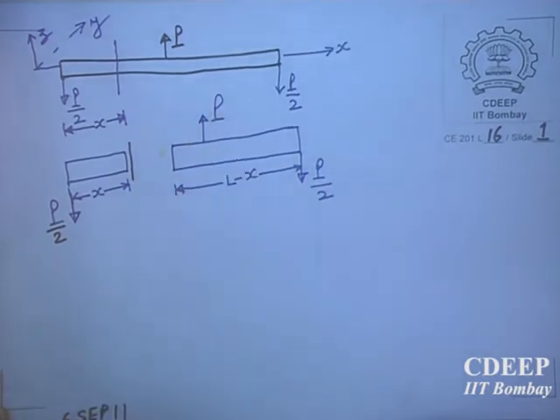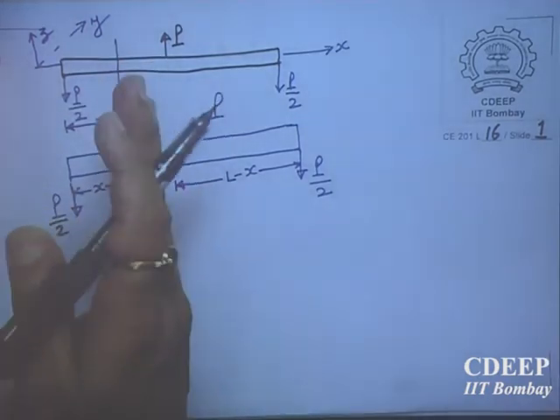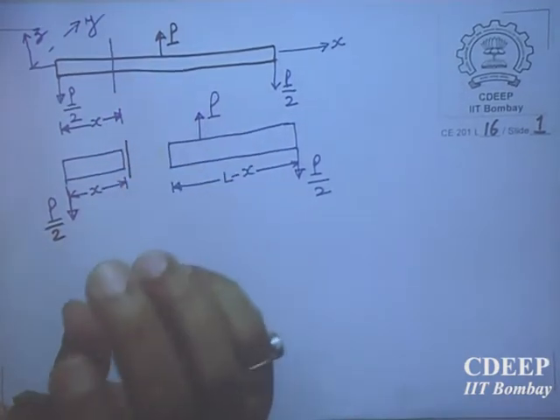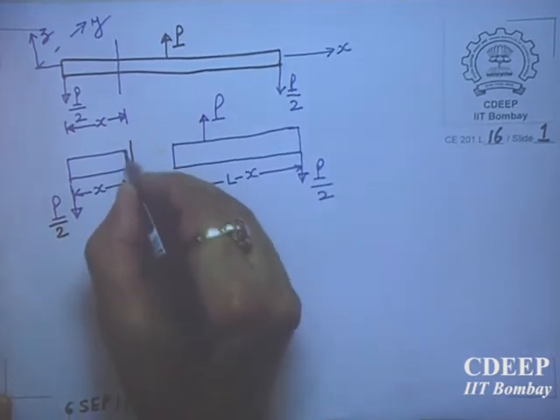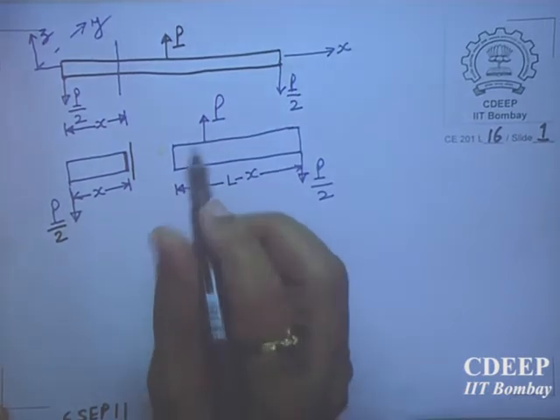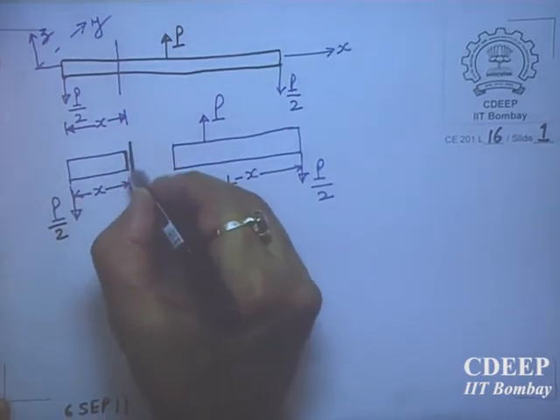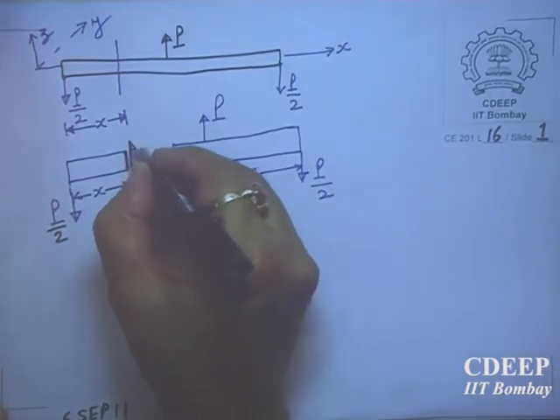Now I will draw this positive on the left face, that means on a face which is positive x. This face is a positive x face, because outward normal is in the positive x direction. On a positive face, I will draw things like this. Yes, on this face there will be a vertical force like this.